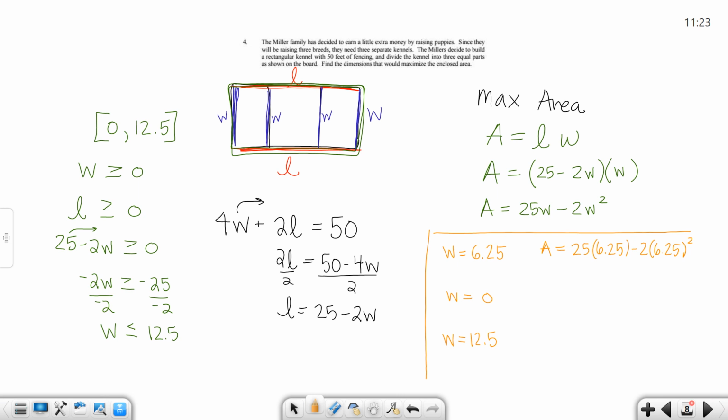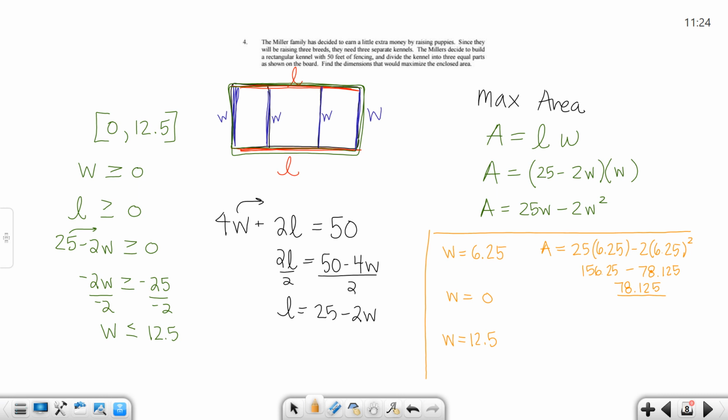Okay, so let's figure out what that would be. Okay, so there's one area value.